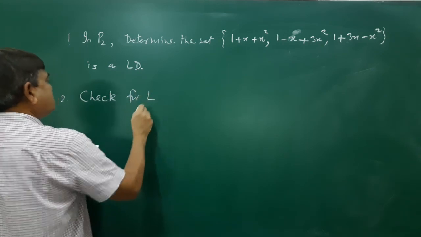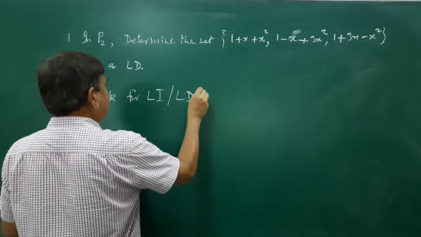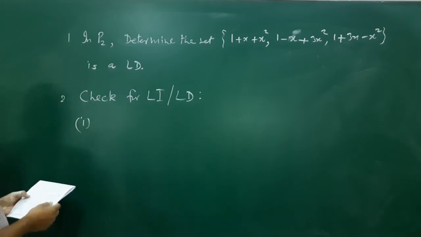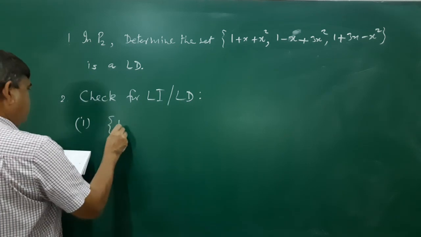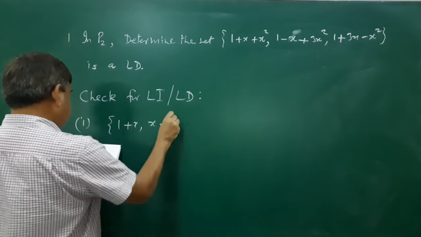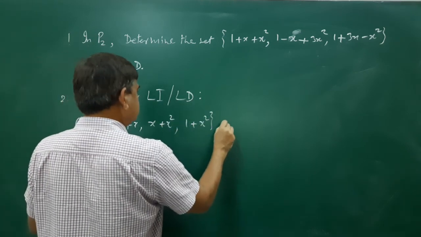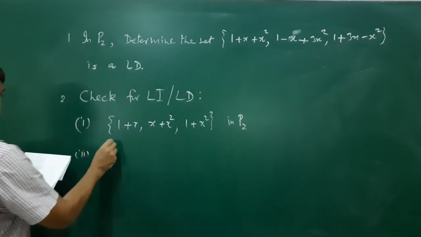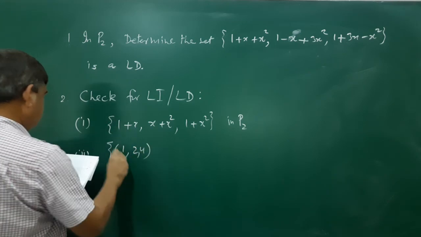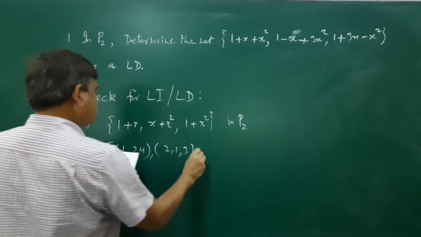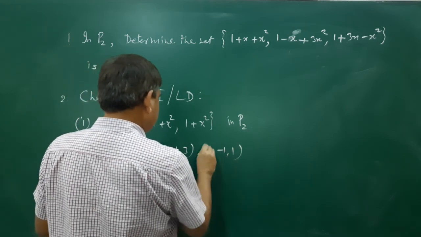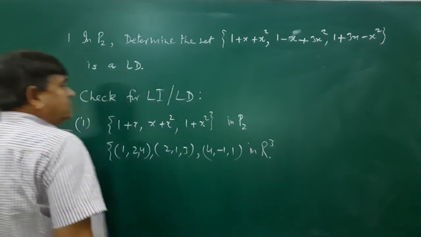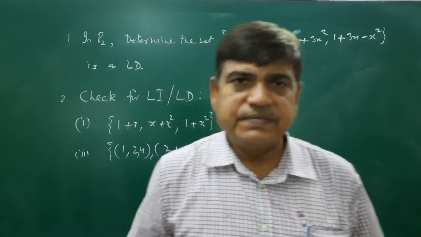Check for linear independence of 1 plus x plus x square, 1 plus x square in P. Okay. (1,2,4), (2,1,3), (4,-1) in R. Okay. So these are two questions. You just try, see what is going on.